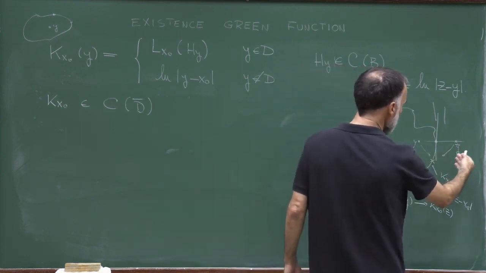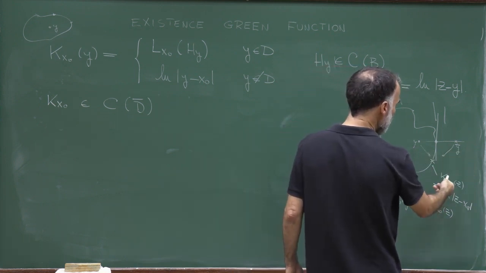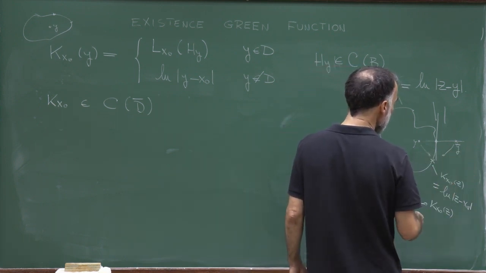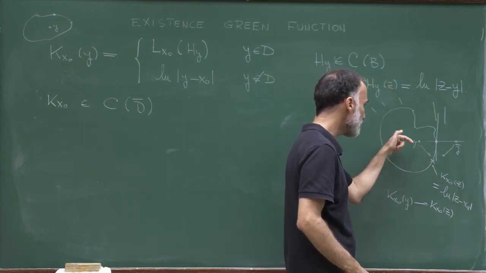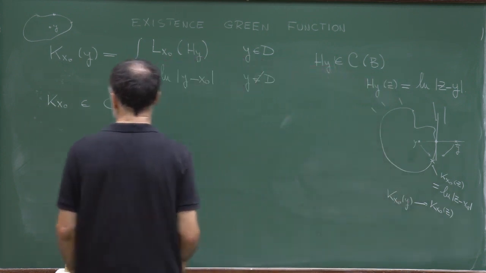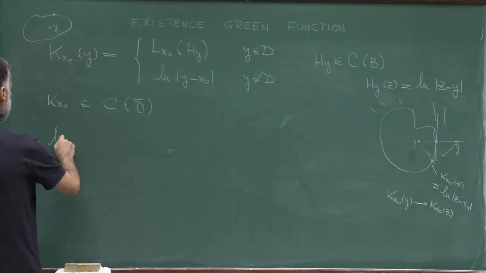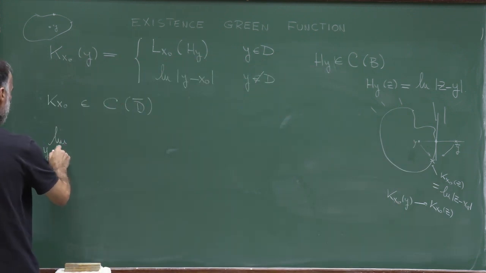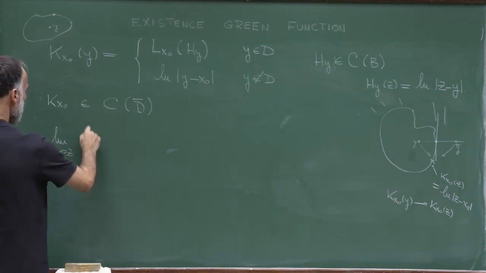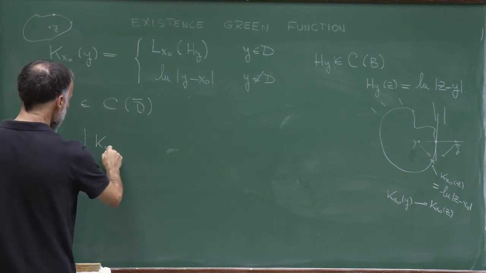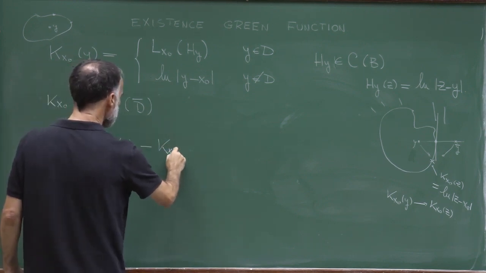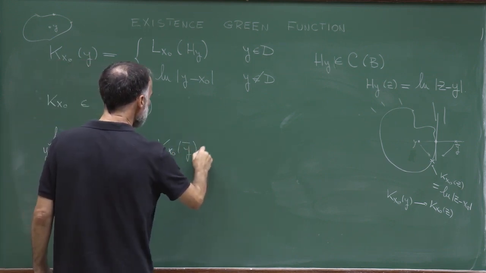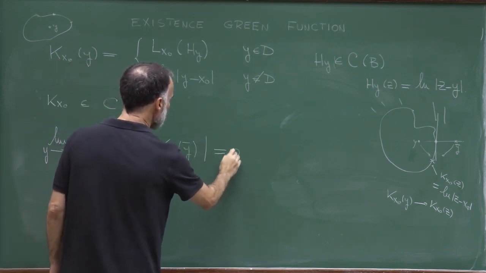Out of the function k_x, it's continuous. So to prove that k_x is continuous coming from inside the boundary, it's enough to show that the limit as y converges to z of k_x0(y) minus k_x0(y bar) is equal to 0. Okay?